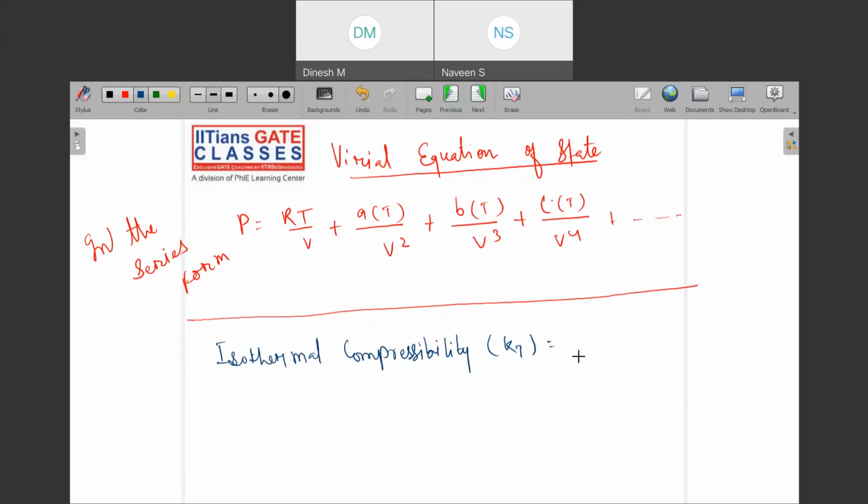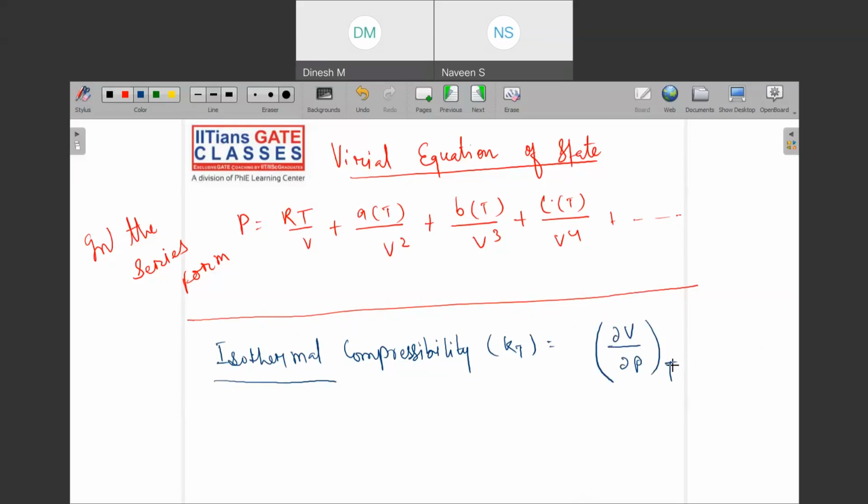If you are compressing some gas, or any compressible substance, at constant temperature, isothermal, then you are changing pressure independently, right?